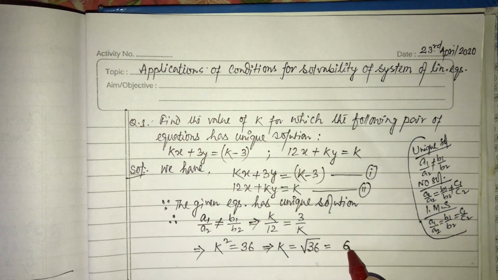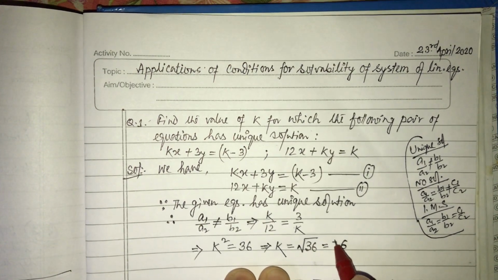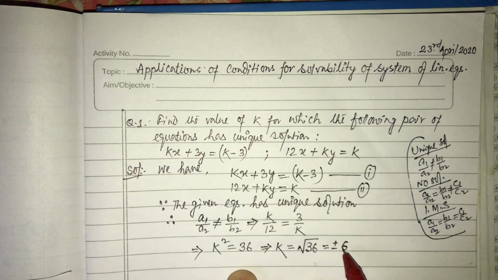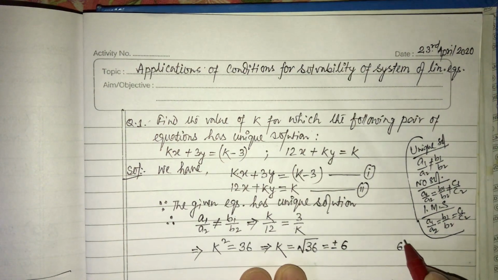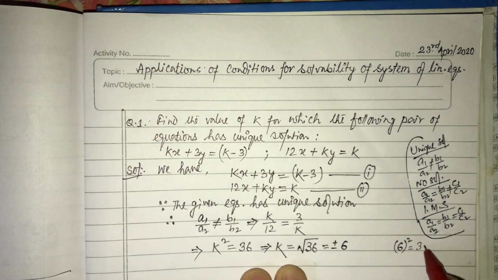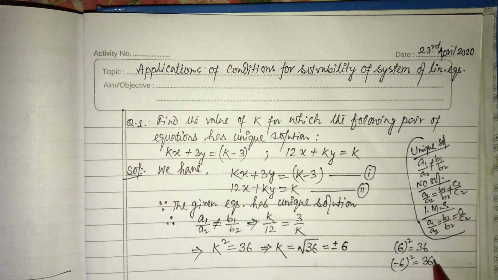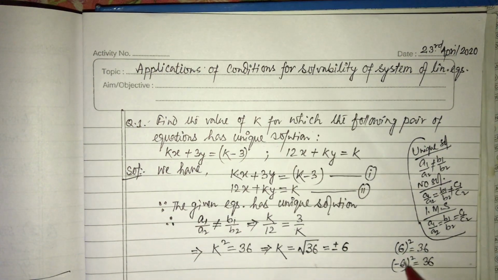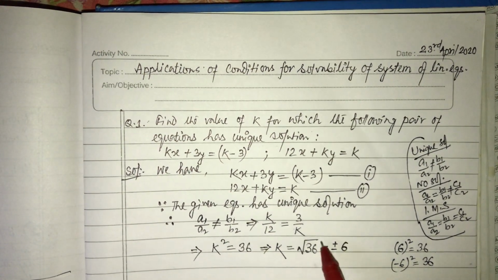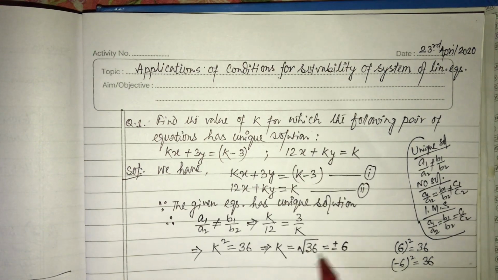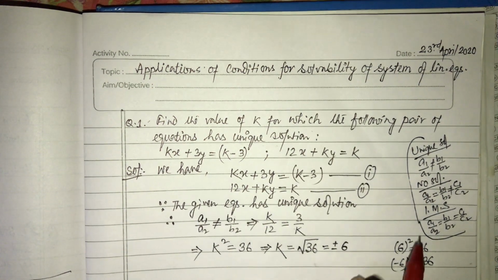One thing one must know: when we remove a square, we should always write plus or minus. Squaring plus 6 gives 36, and squaring minus 6 also gives plus 36. So both plus 6 and minus 6 square give plus 36. That's why when we remove a square root, we keep plus and minus. So k is plus or minus 6.